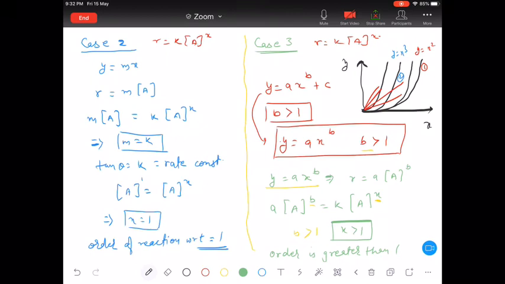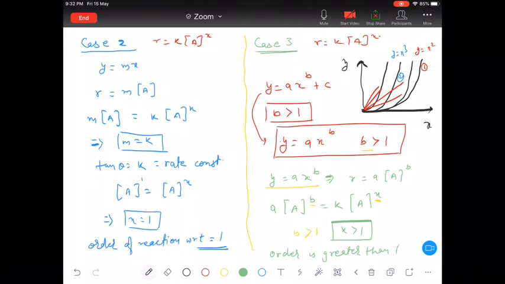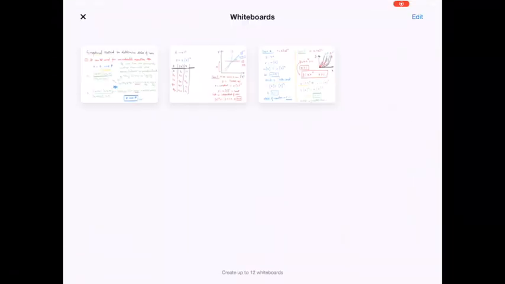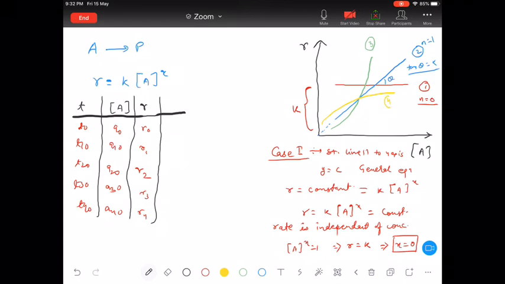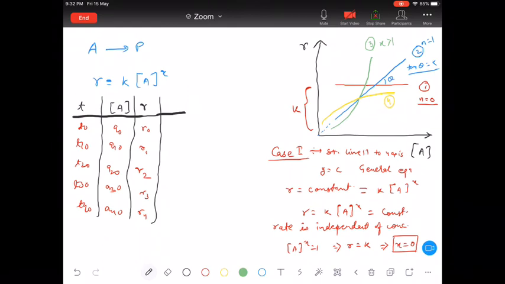So case 3 is clear, where we are going to obtain order of reaction greater than 1. Here, let's say I take case 4. Let's say I take it in this manner. For case 3, we are saying x will be greater than 1.